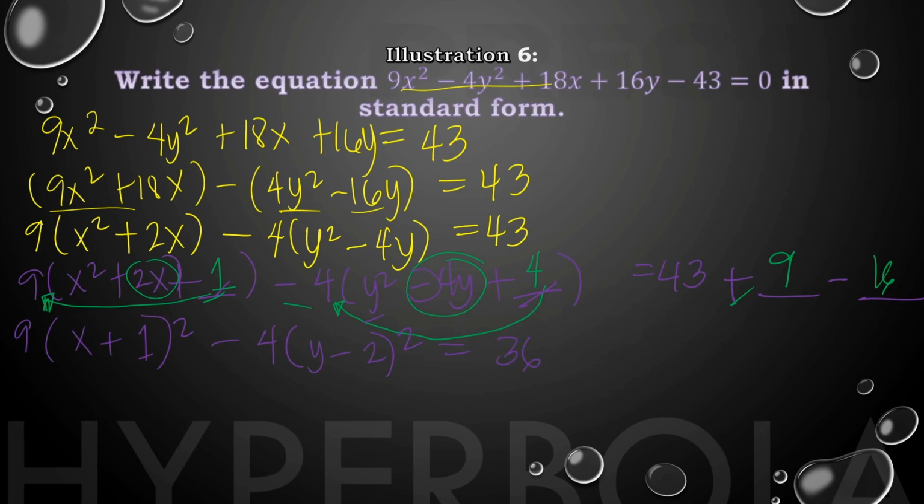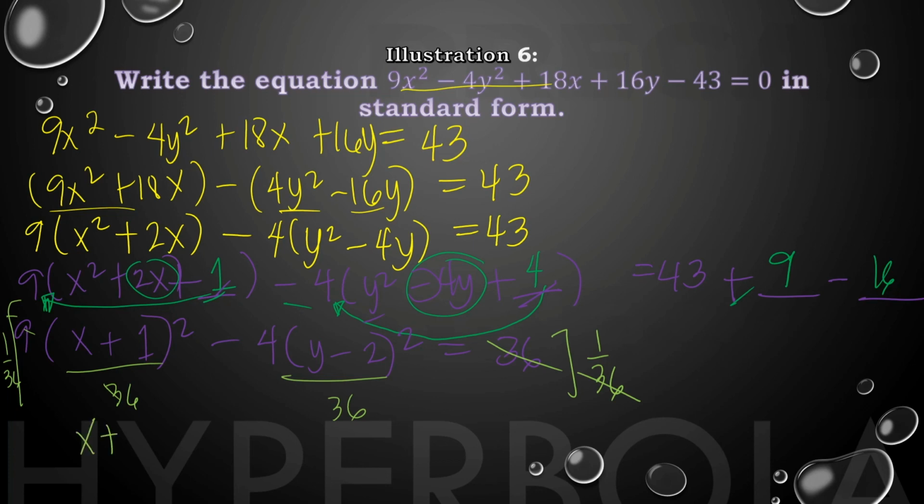So, remember yung standard form ng hyperbola, dapat equals to 1 siya. And so, multiply lang natin both sides by 1 over 36, para makancel to at maging 1. Simplify lang natin. 9 over 36 is 1 over 4.